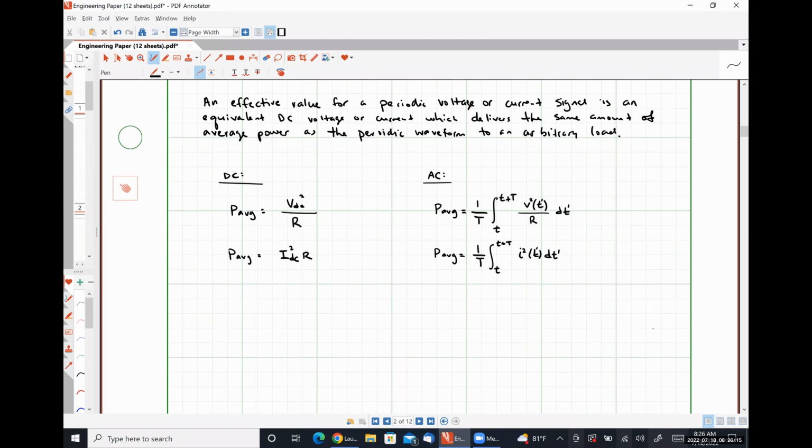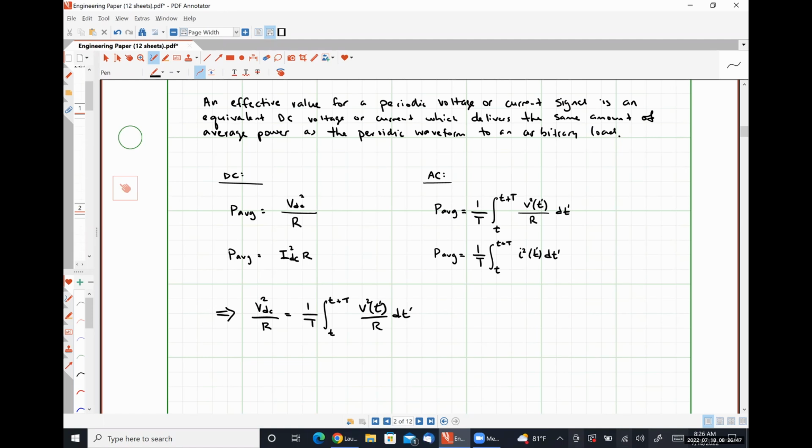So let's work in terms of voltage, okay? If I equate my two average power relationships, what I'll get is V_DC squared over R is equal to 1 over T times the integral over 1 period of my periodic voltage squared, like so.